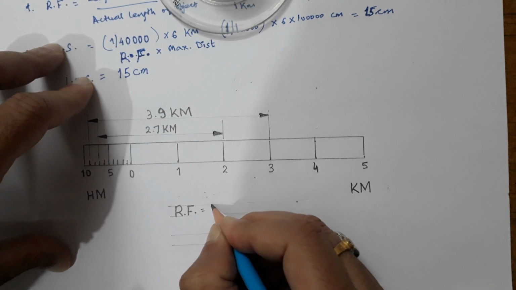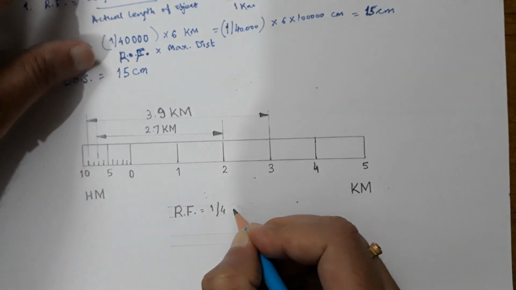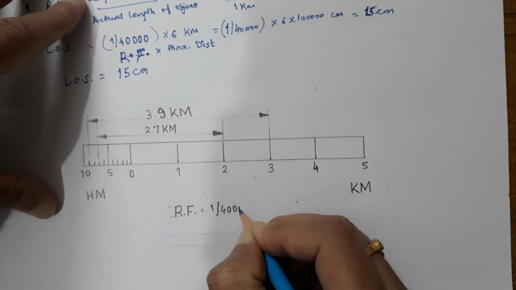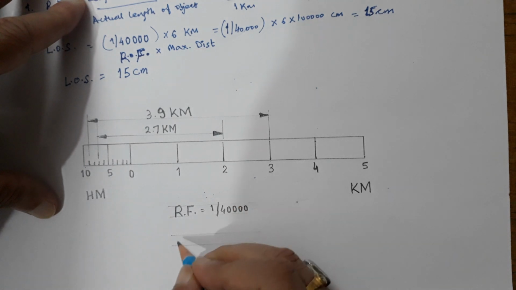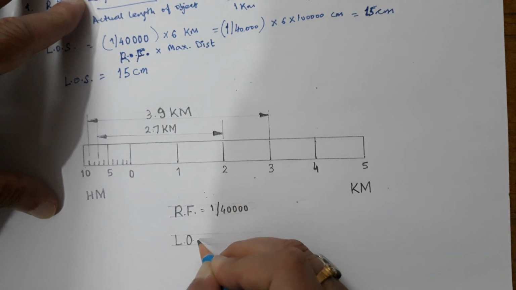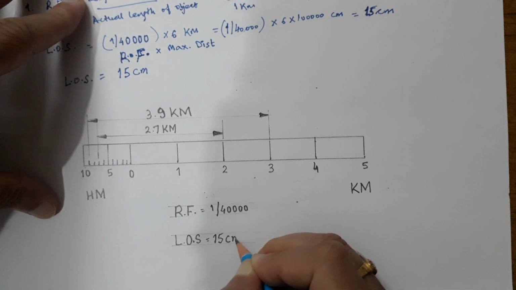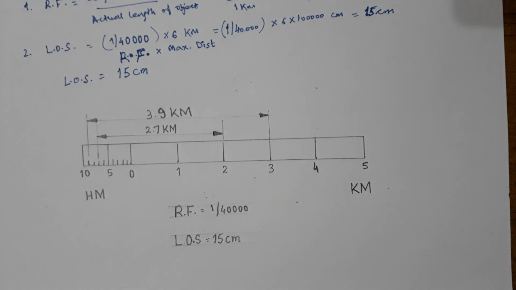RF is 1/40,000, and then LOS is 15 centimeter. So this is the complete plane scale.